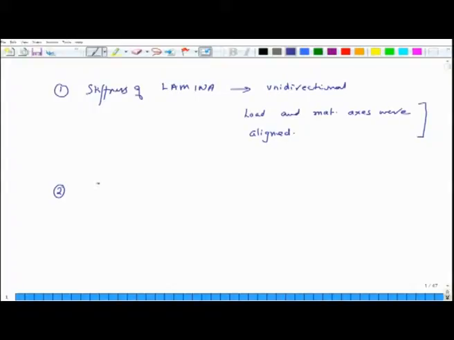In the next step, we still focused on a lamina, but our situation was that load and material axis were not necessarily aligned.